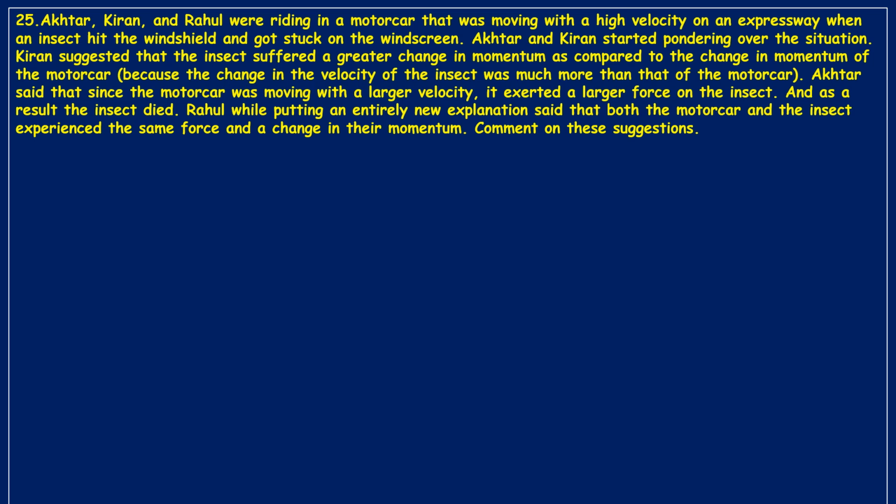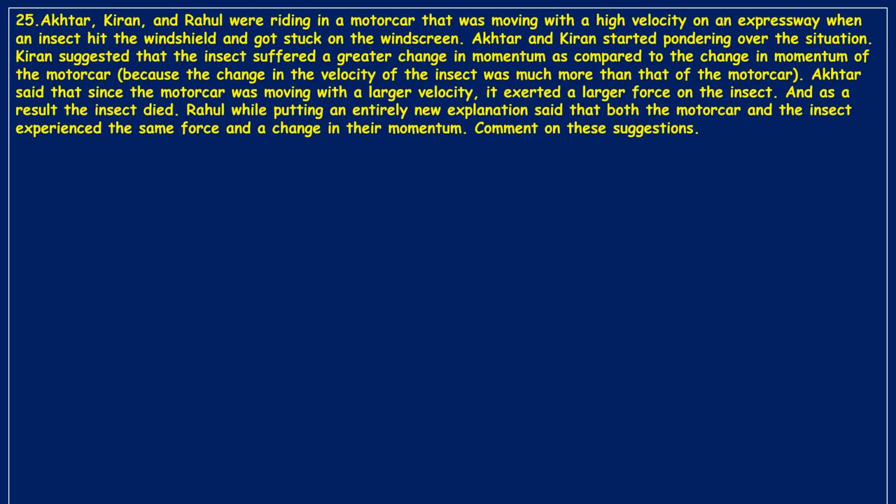Here, Akhtar, Kiran, and Rahul, three students' names are given. These three were riding a motor car that was moving with a high velocity on an expressway. When an insect hit the windshield, it's a very funny thing, right?